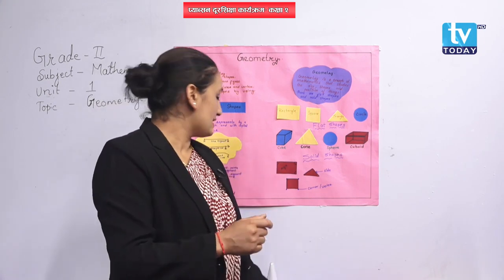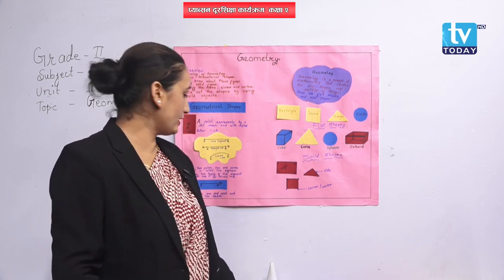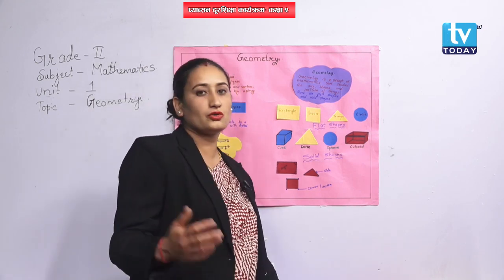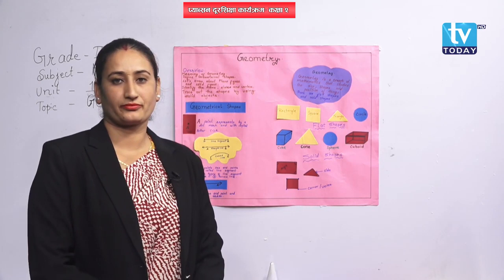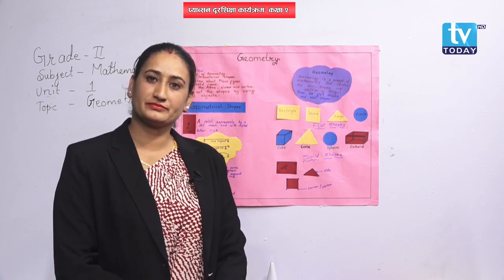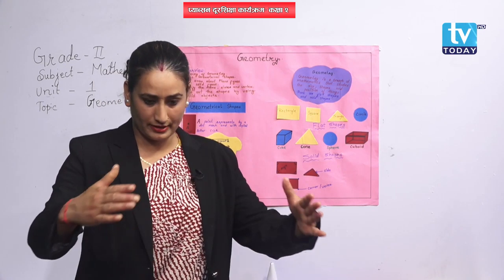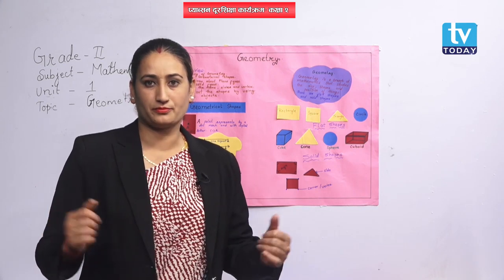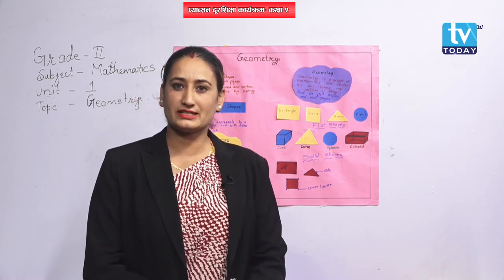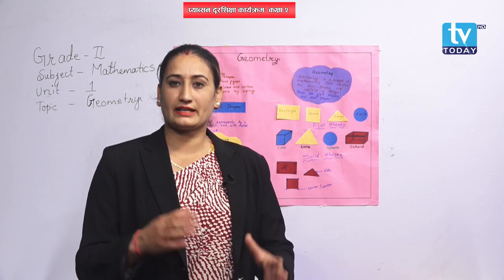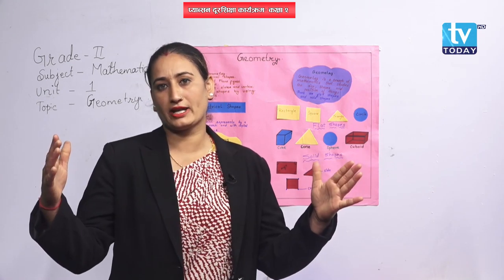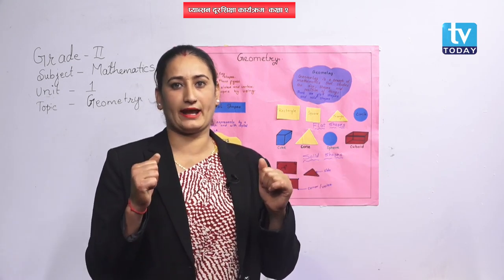Now next, same like this, we are going to learn solid shapes. Do you know the solid shape? Of course, there are some carton boxes in the shop. Have you seen those carton boxes? Some are big in size, some are small in size, right?